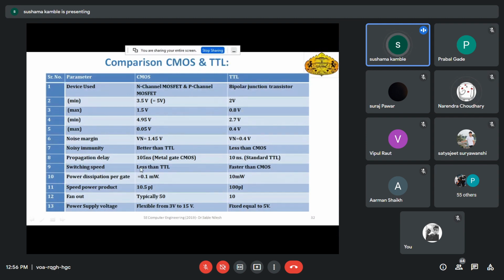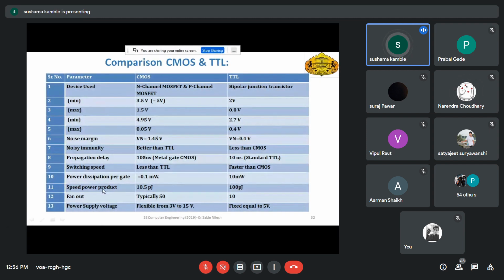So what will be the switching speed for CMOS? Less or more? Less, because the delay is more, meaning the switching speed is lower, it is slow, and here it is 10 nanosecond. So this is faster than CMOS. Generally it seems that TTL is old now and CMOS is the latest in use. But regarding speed, if you need applications where speed is preferred, you have to use TTL instead of CMOS.